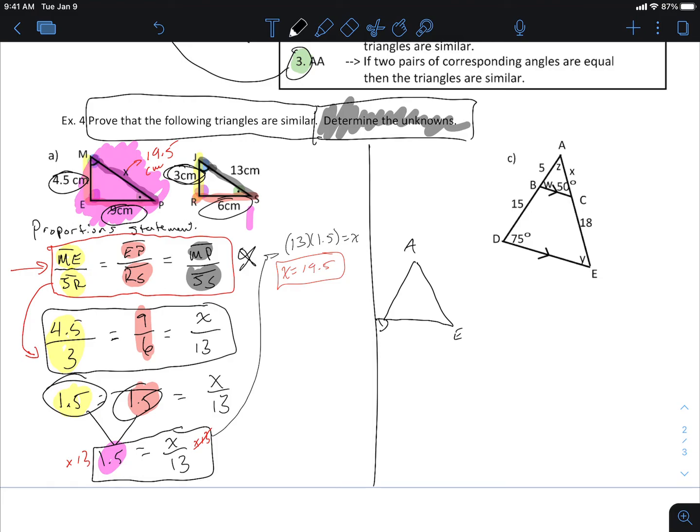Angle D is 75 degrees, and A they've denoted with the letter Z, and E is going to be Y. But then, what's the side length here? What's AD? Well, it looks like AD is going to be 15 plus 5, so it's 20.